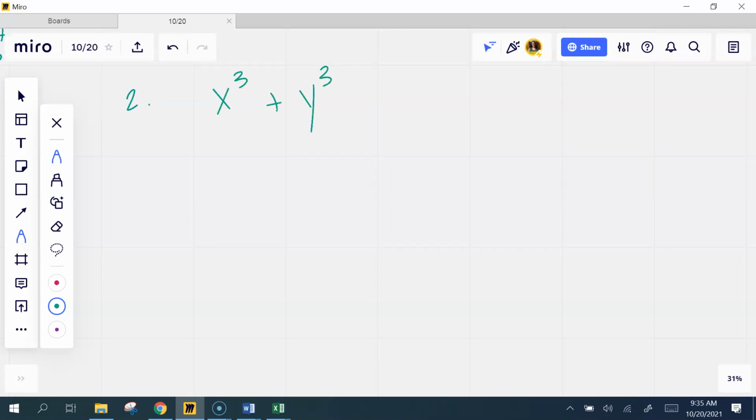Let's see here. Find dy dx. So I'm finding with respect to x. That's the key, that's what you have to remember.